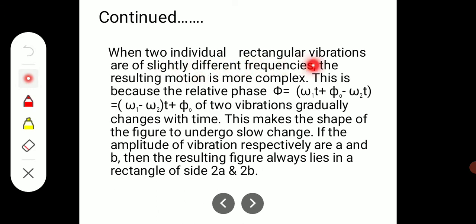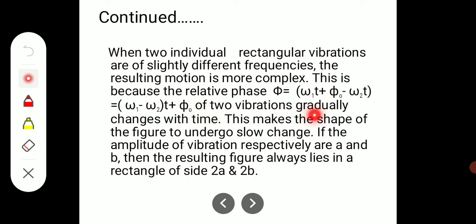When two rectangular vibrations have slightly different frequencies, say omega 1 is slightly different from omega 2, the resultant motion is more complex, and the relative phase is phi equal to omega 1 t plus phi naught minus omega 2 t. So here we get (omega 1 minus omega 2) t plus phi naught.